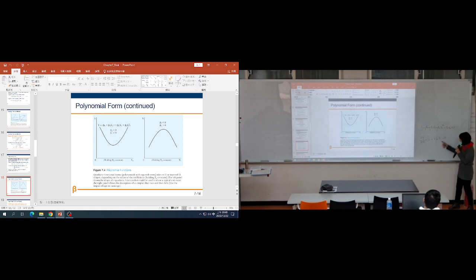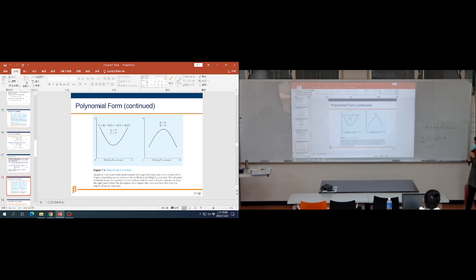Then using these expressions, you are able to get the x1, which will be the minimum, the bottom. After this lowest point, the curve increases, so beta 2 is positive.